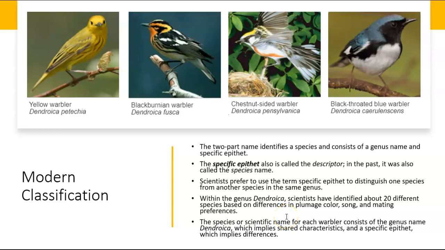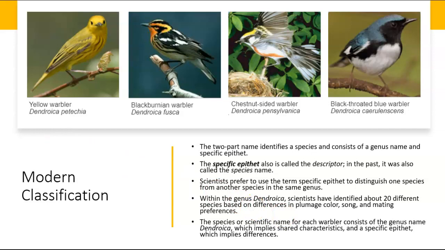Each of these birds has its own scientific name. They all begin with Dendroica for the genus, and you can distinguish them by their specific epithet, the second part of their name.